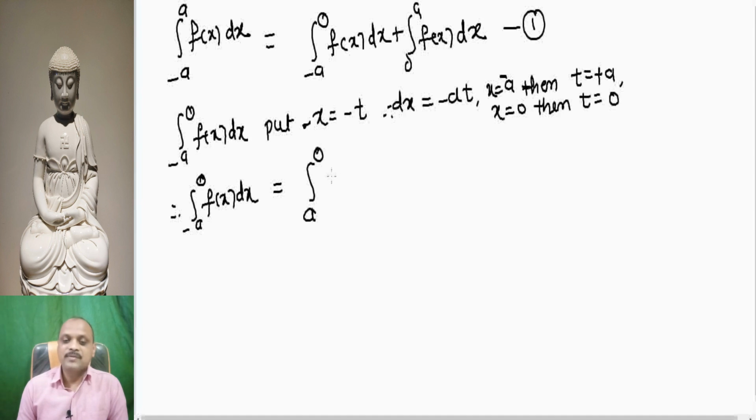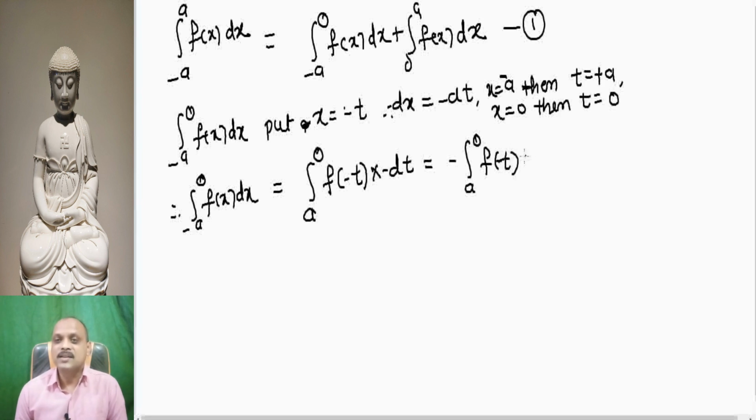Therefore, integration minus a to 0 f of x dx equals f of minus t times dx, which is minus dt, equal to minus integration a to 0 f of minus t dt. Now apply the second property: change the lower limit to upper limit and upper limit to lower limit. In that, the sign will be changed and we will have integration 0 to a f of minus t dt.